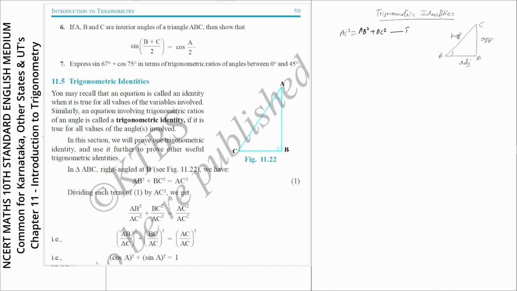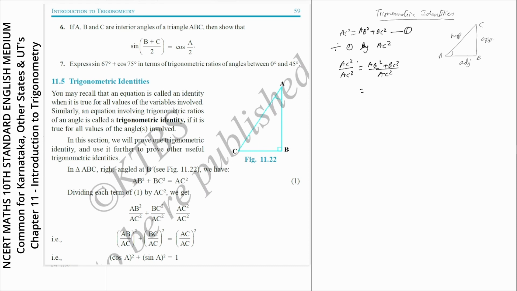I'll mark this as 1. Now if I divide equation 1 by AC square, what will I get? If I divide 1 throughout by AC square, the value will not change.